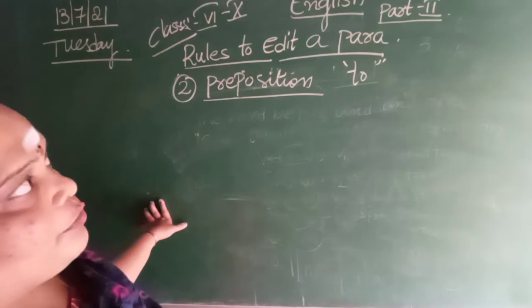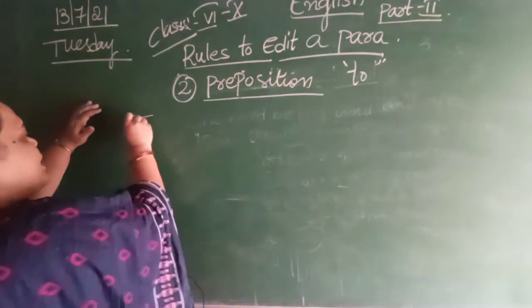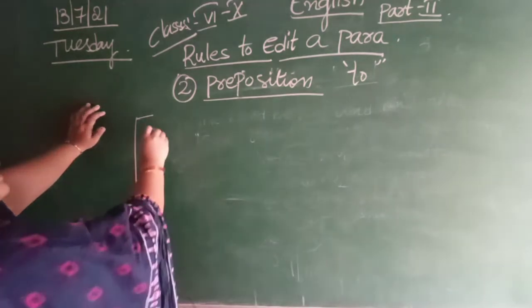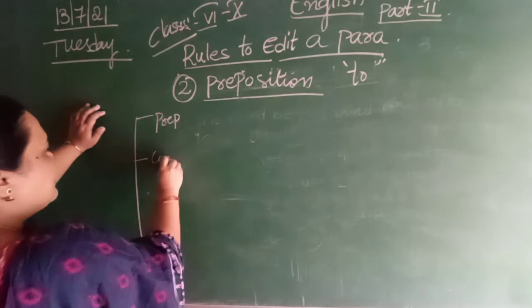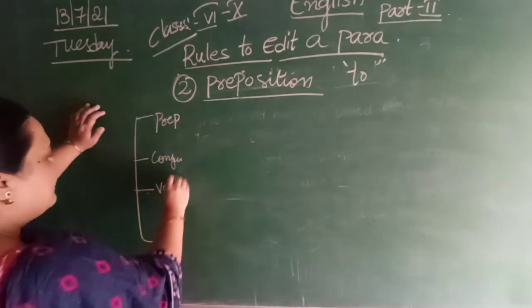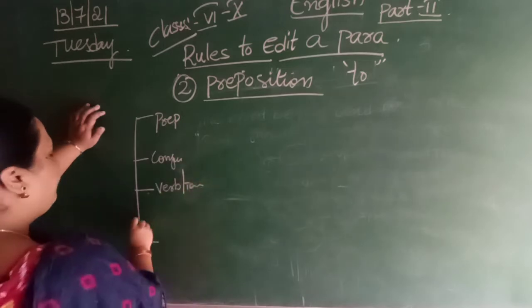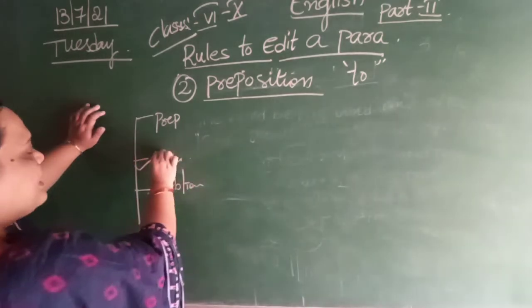So what we have to do is, see, yesterday we have seen this, yes or no? In editing, we are going to check preposition, conjunction, verb, tense, article. So in this one we have completed conjunction.